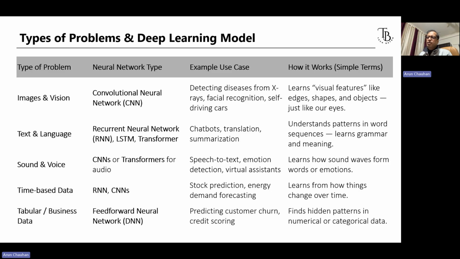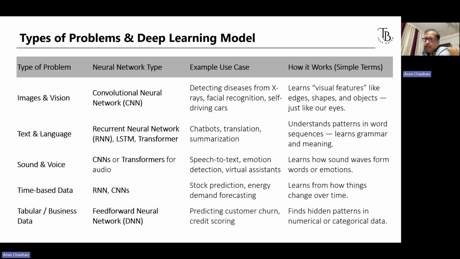Okay, so moving on, this is where we have mapped the different types of problems to the deep learning models that can be leveraged to solve them. Let's talk about the first problem type. If you're dealing with images and vision, CNN, as I said, is the popular choice.